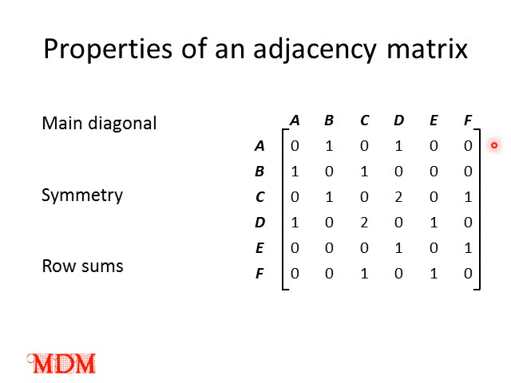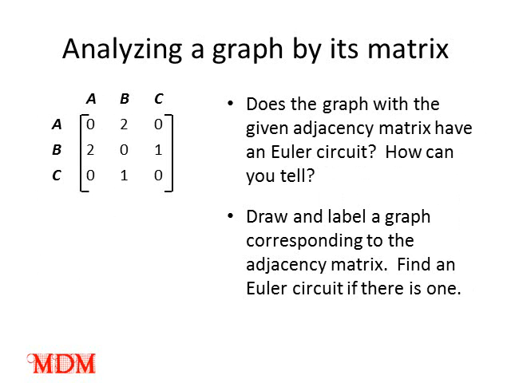So we know that A has a valence of 2, B has a valence of 2, C and D both have a valence of 4, and E and F both have a valence of 2. Armed with this sort of information, then, we can analyze a graph by its matrix.